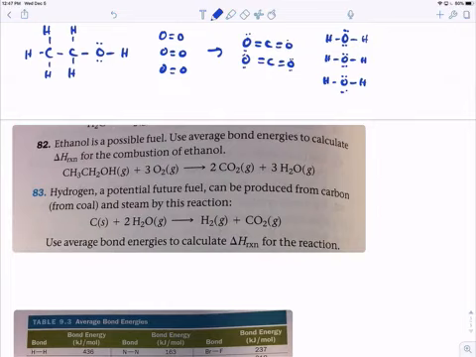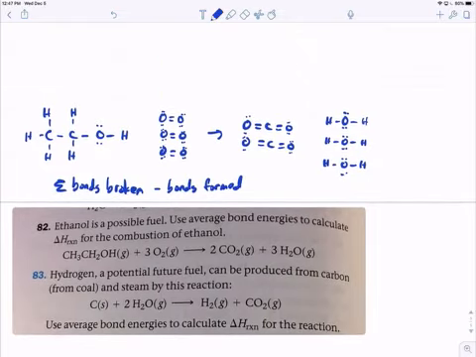As well, put the dots on there. So it's the sum of the bonds broken minus the bonds formed. And so what bonds are we breaking?